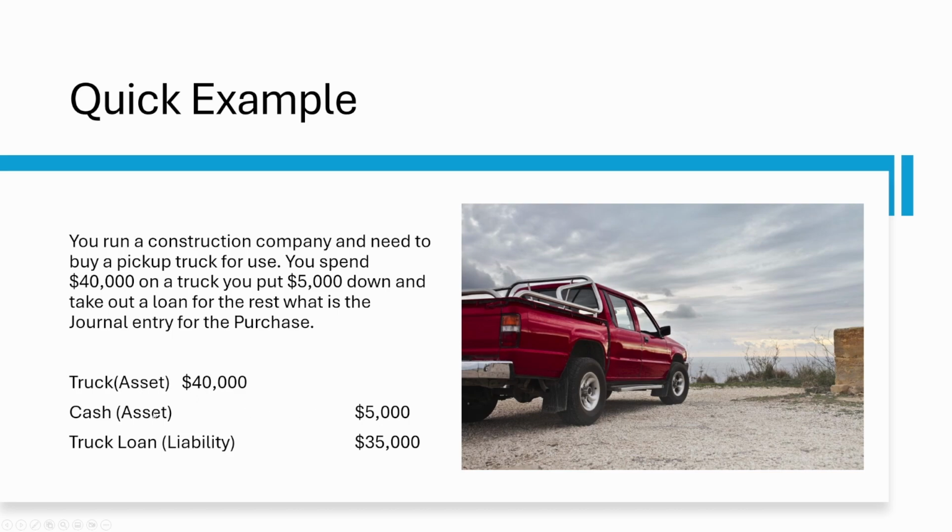And then we took out $35,000 for that truck loan, which is a liability, and liabilities increase with a credit. So we increase our liability by $35,000 to signify that we have this $35,000 loan that we owe. And as you can see, $35,000 plus $5,000 is $40,000, which equals the $40,000 on the debit side. They net to zero.